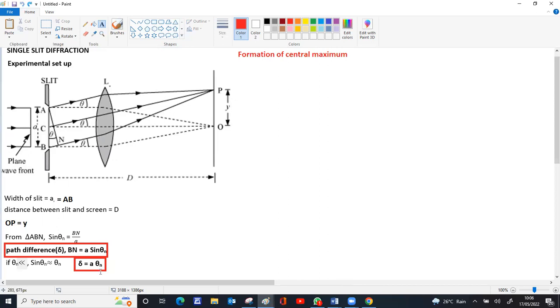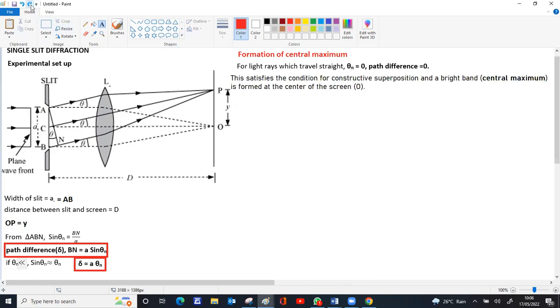The path difference will be 0 for those light rays meeting at O. The path difference 0 corresponds to constructive superposition, and the constructive superposition leads to the formation of a bright central maximum. Zero path difference, constructive superposition, bright central maximum. That's the explanation for the formation of the central maximum.